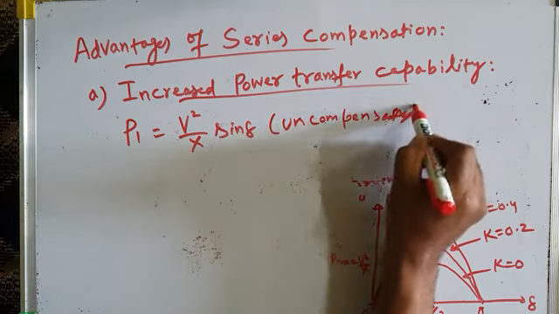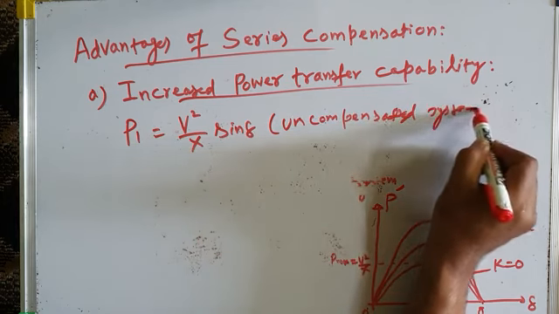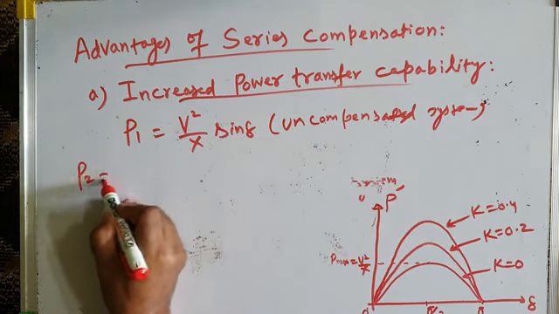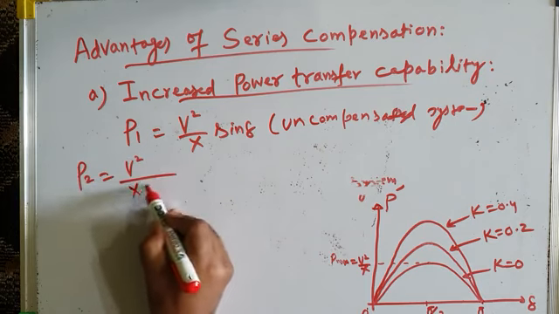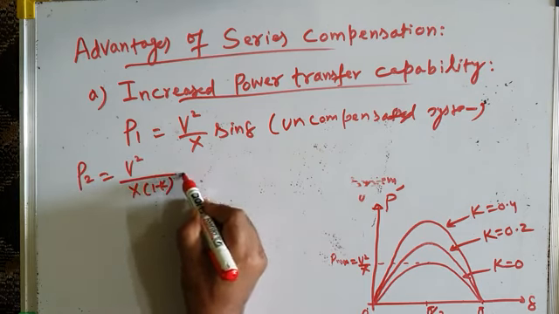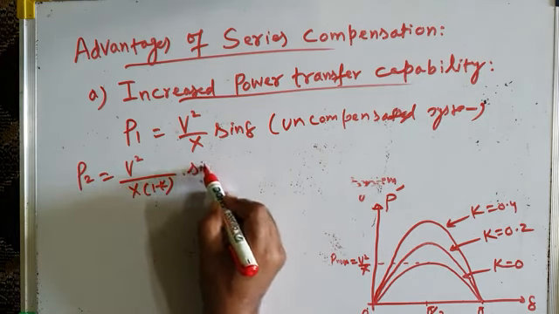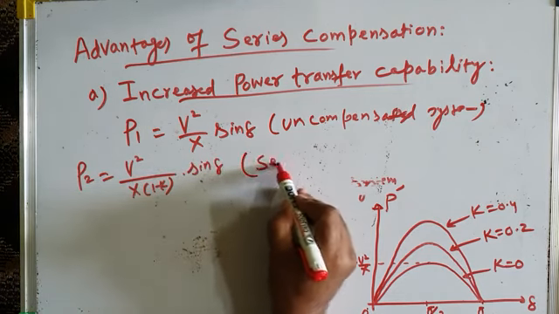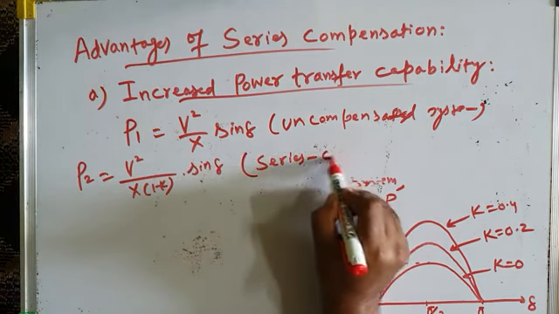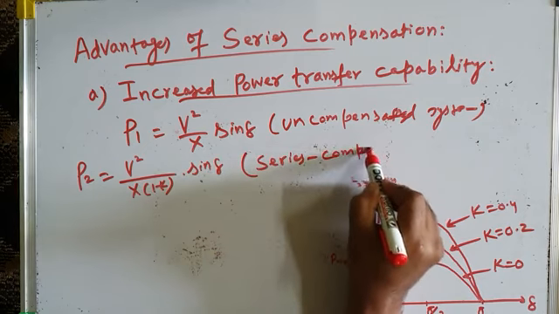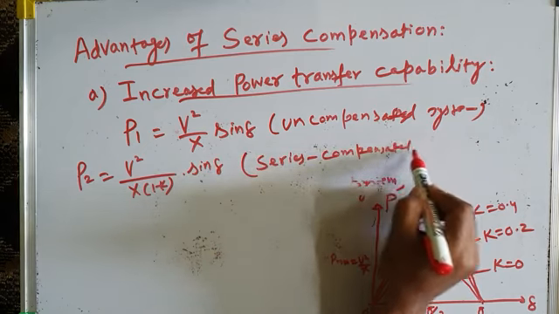This is for the uncompensated transmission system. And P2 is equal to V square by X times (1 minus K) into sine delta. This is for the series compensated transmission system.